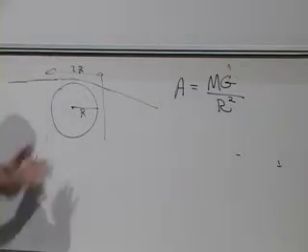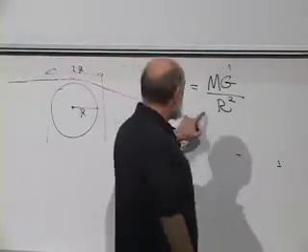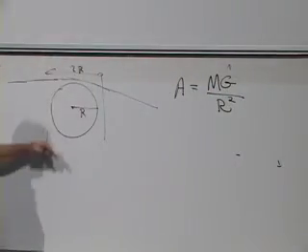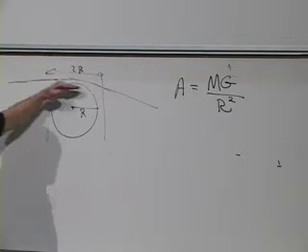Everything gets accelerated downward, light as well as everything, all with the same acceleration. So Mg divided by r squared is the vertical component of the acceleration, right?